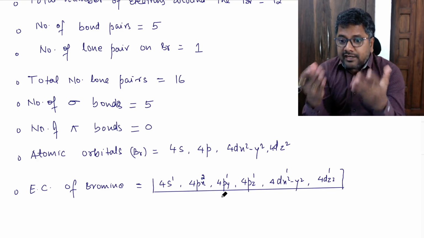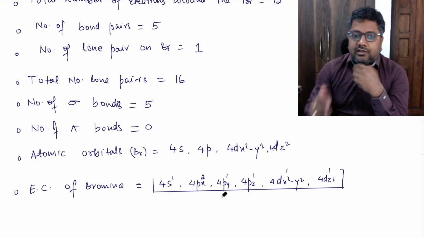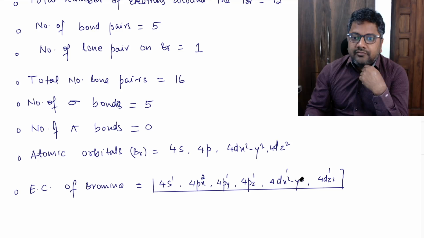How many unpaired electrons are involved in this molecule? See, 1, 2, 3, 4, 5.